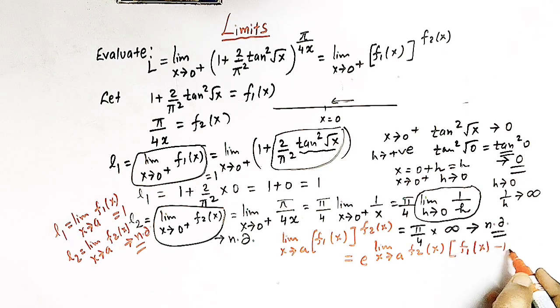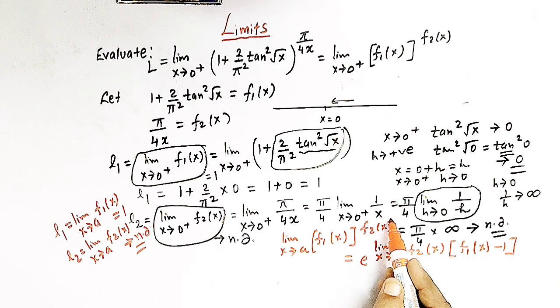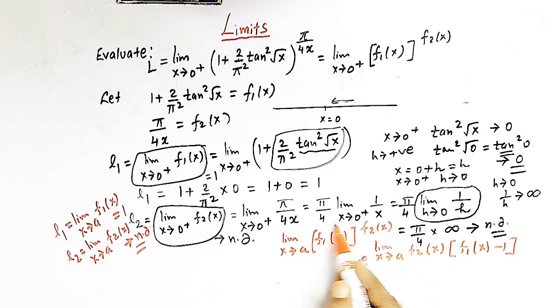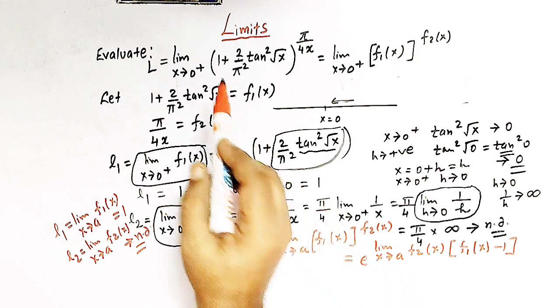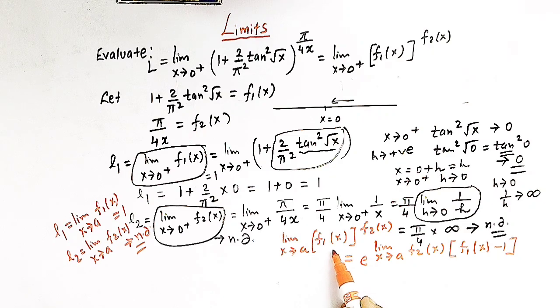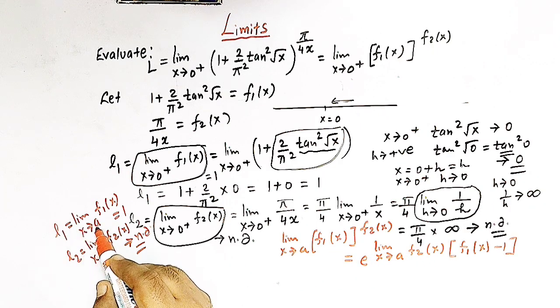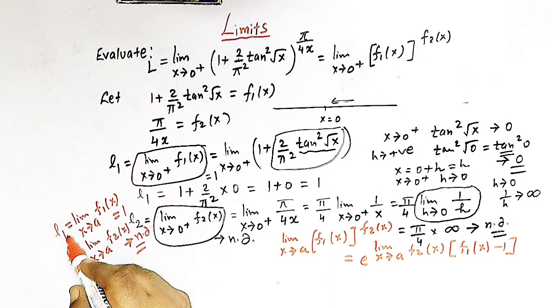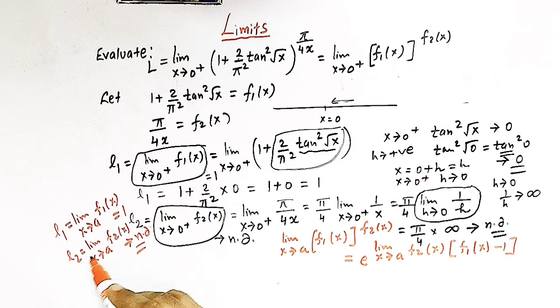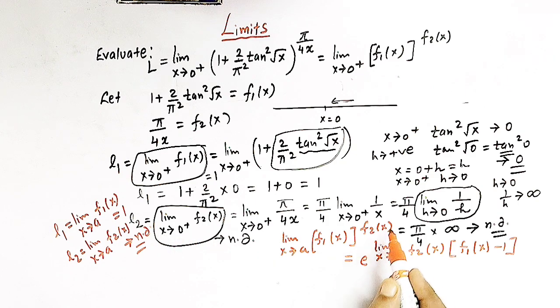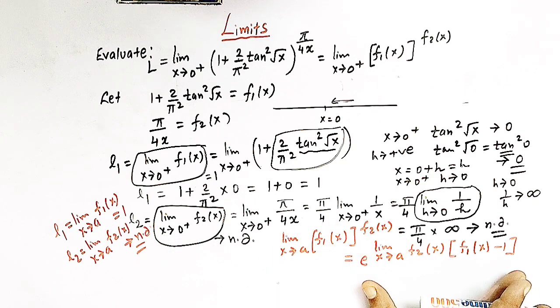Then these types of limits can be evaluated by using this expression, that is e raised to limit x tends to a of f2(x) multiplied with (f1(x) minus 1). So whenever we have a limit of this kind, limit x tends to a of f1(x) raised to f2(x), with the conditions that limit x tends to a of f1(x), which we call L1, is equal to 1, and we are taking L2 as limit x tends to a of f2(x), and this limit is not defined, then this type of limit can be evaluated by using this expression.